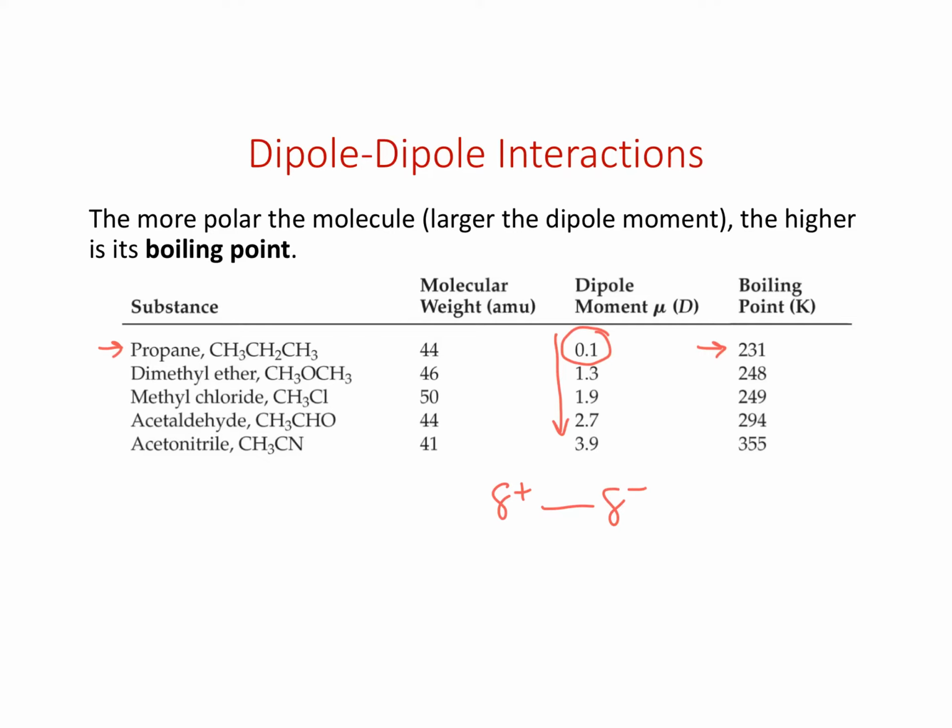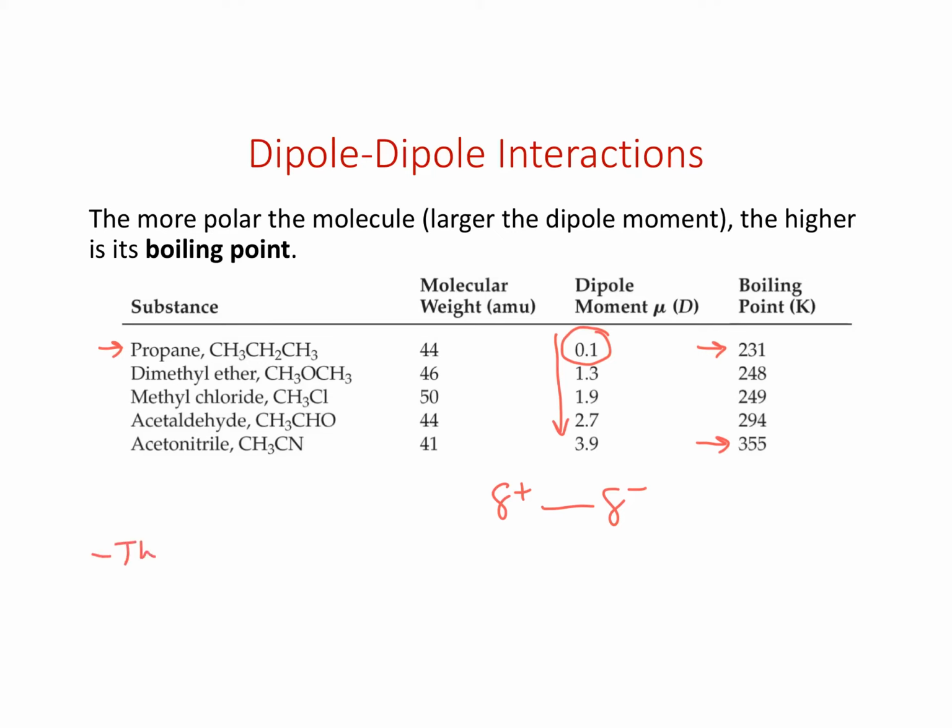If I have more attraction, that results in an increase in the boiling point of the sample, because to take that sample from the liquid phase to the gas phase, we have to break all of these dipole-dipole interactions. We have to break all of those intermolecular forces that are holding the sample in that liquid phase. The stronger those interactions are, the more energy we're going to have to put into the sample, and the higher the boiling point will be.